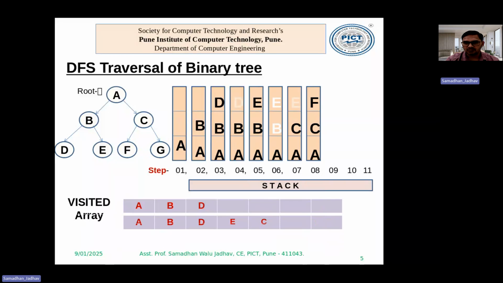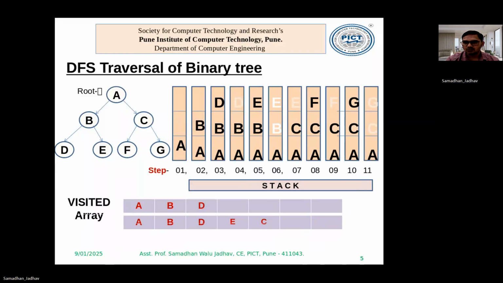Now F is a leaf node, it does not have children. So pop F from the stack. Now check whether C has any unvisited children. Yes, that is G. So push G. Now G is on top of the stack, but G is a leaf node, so pop G. Similarly, then C will be on top. C has no unvisited children, as F and G are already visited. So pop C. After popping G and C, A is on top of the stack.